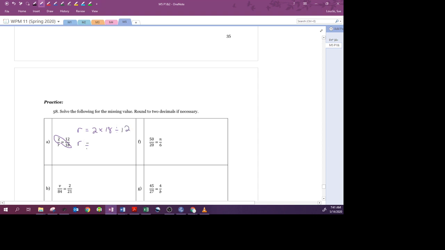Then you get your calculator out. It doesn't matter where the variable is, you're always multiplying two numbers that are diagonal and dividing by the one that's left over. Okay, so do that practice and I'll see you on page 37 for the last little example of this booklet.